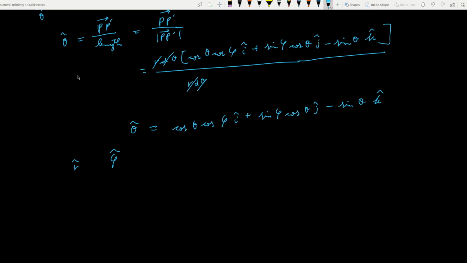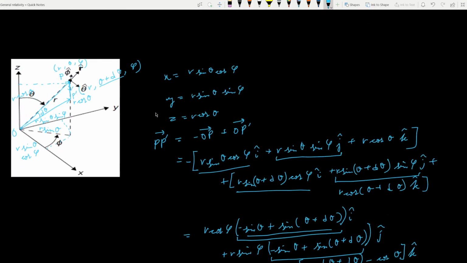I don't think we need to do the same step for the r̂ direction. We can just find our φ̂, and we have already found θ̂, and then we can do the cross product of φ̂ and θ̂. We can get the r̂ vector. How?